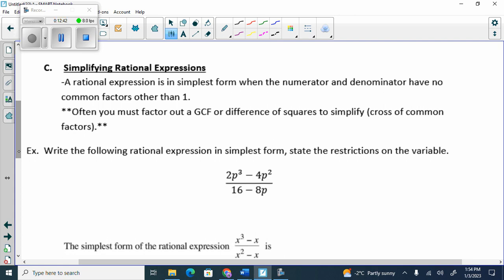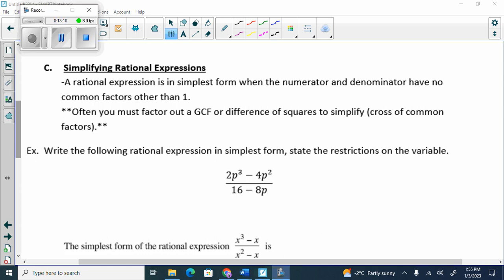Now simplifying rational expressions. A rational expression is in simplest form when the numerator and denominator have no common factors other than 1. Often you must factor out a GCF or difference of squares to simplify, then cross off common factors. So when simplifying, multiplying, and dividing, our first steps always are to GCF, difference of squares, the numerator and the denominator.